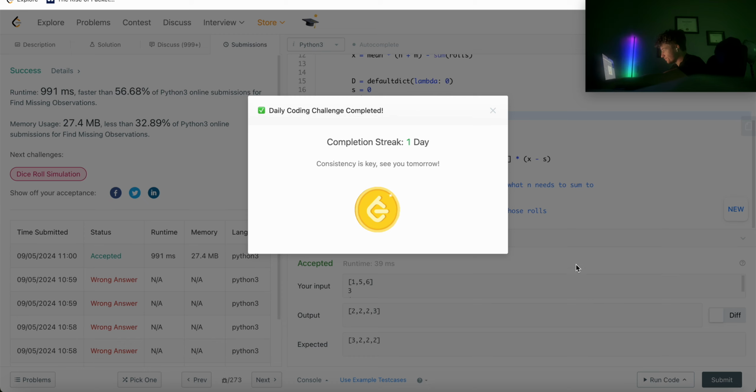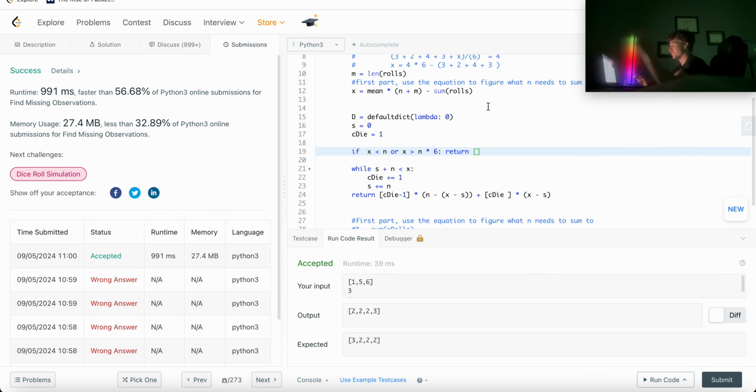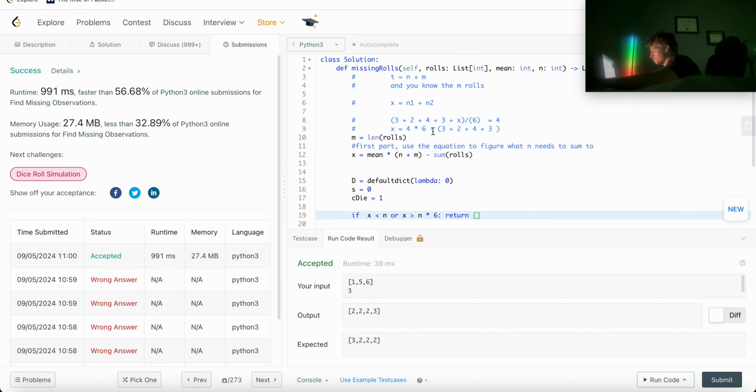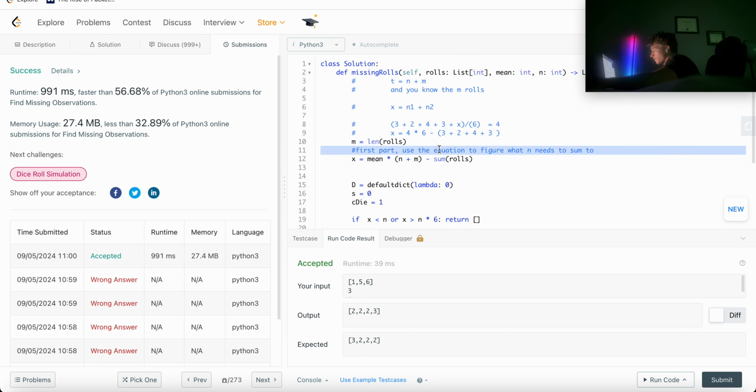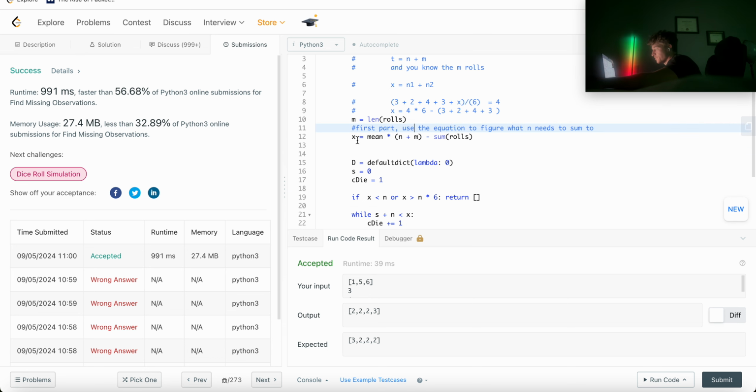All right, cool. So let's go through what the actual solution is here, because I was just thinking it through. So the first thing here, right, is that, all right, the first part and the second part, I hope that makes sense, right? You can figure out what this x value needs to be for the mean by just doing the calculation, right?